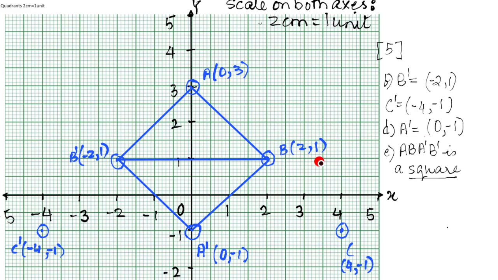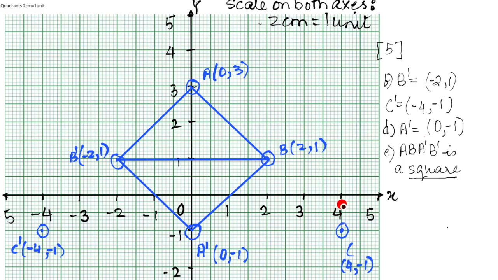B was 2,1. So on x-axis we go up 2 and y-axis we come here 1. So B is 2,1. And C was 4, minus 1.